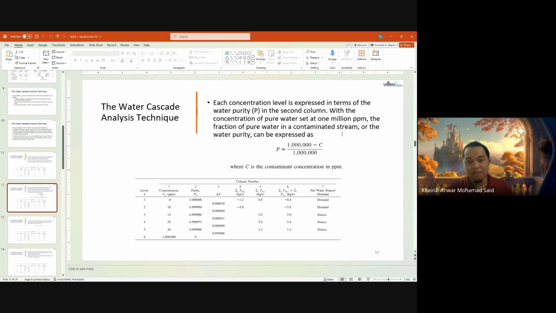For column number 2, each concentration level, this method is similar to the method presented in the paper on targeting the minimum water flow rate using water cascade analysis technique.